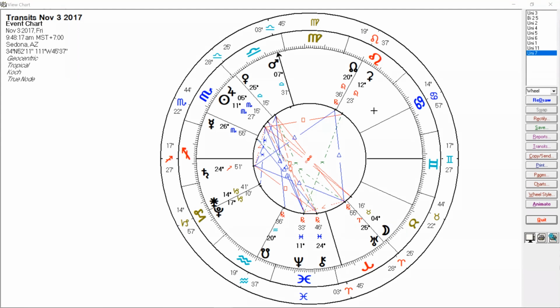So we can see that the emotional nature of the Moon in Taurus is also connecting through the senses, through sexuality. You know, there's a natural need for this person to be touched, to be seen, to be stimulated, and to be in their body in the first place.